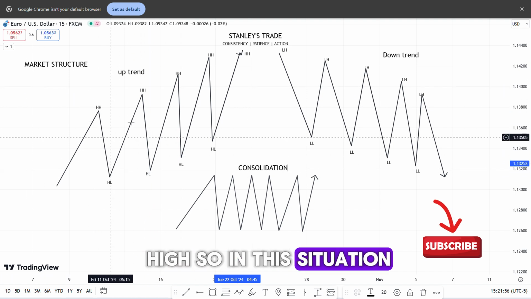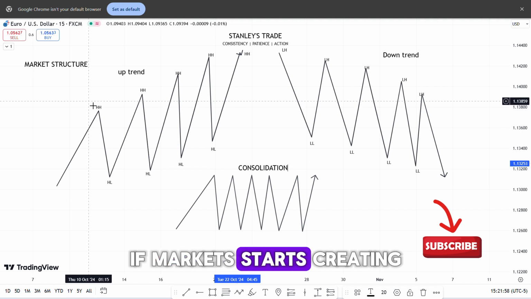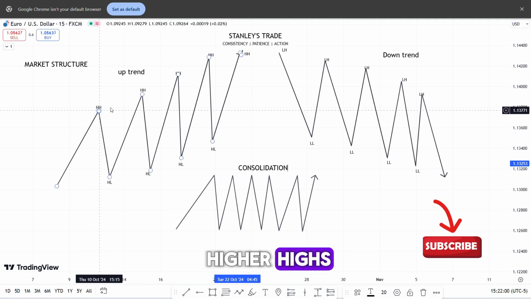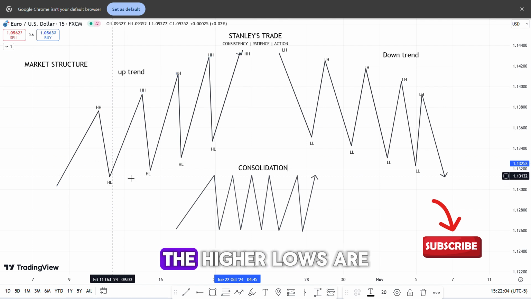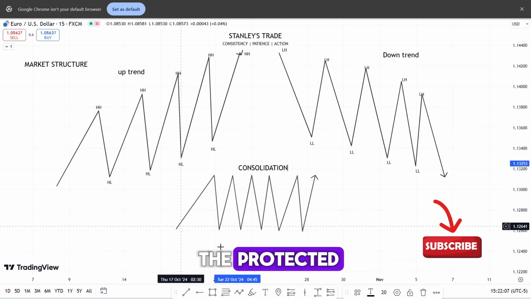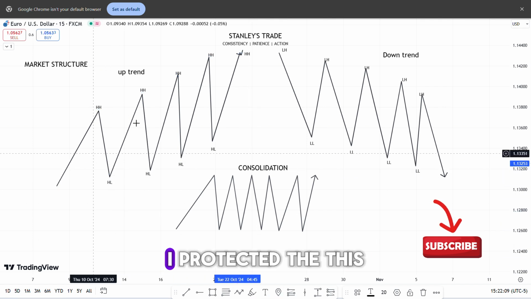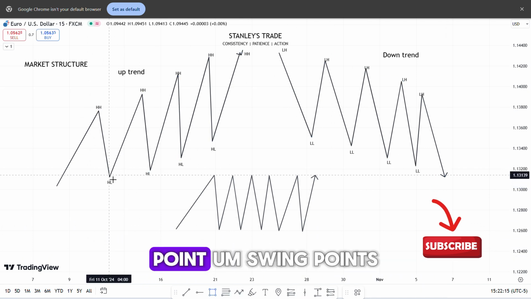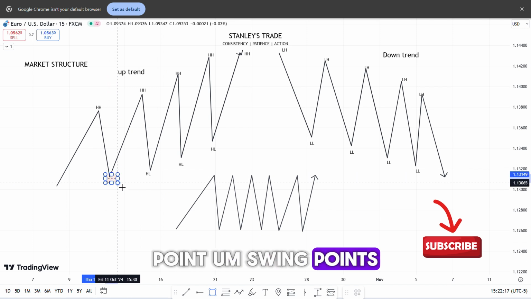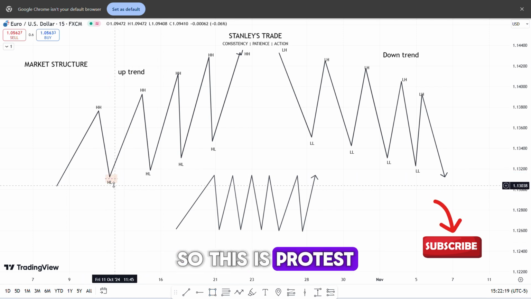So in this situation, if the market starts creating higher highs and higher lows, know that the higher lows are the protected swing points. So this is the protected swing point.